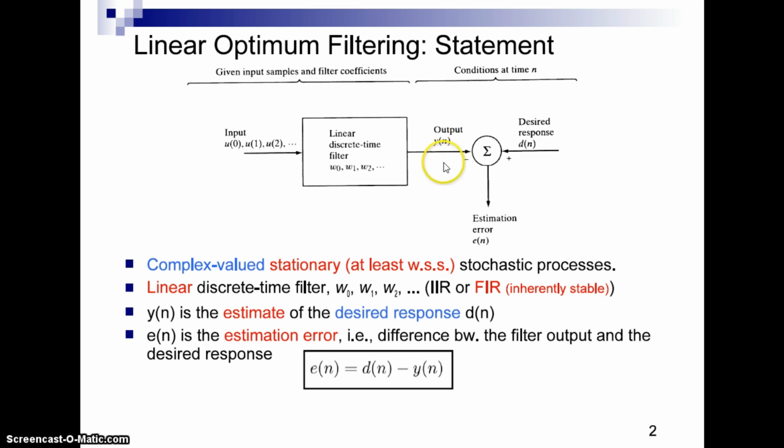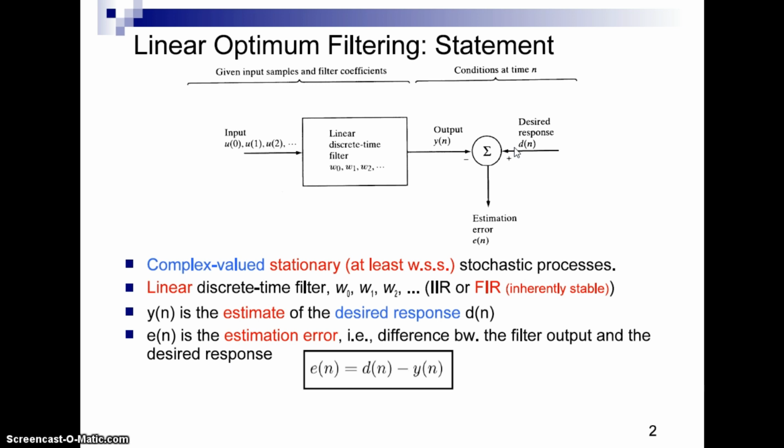The output is used to provide an estimate of a desired response designated by d of n, with the filter input and the desired response representing single realizations of respective stochastic processes.